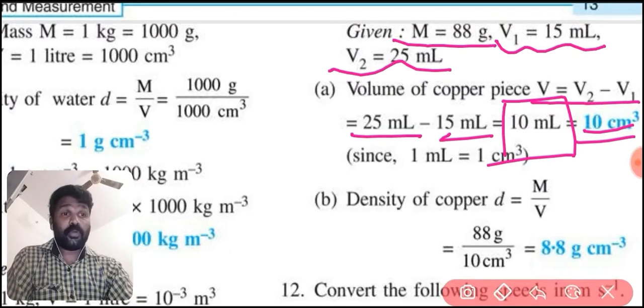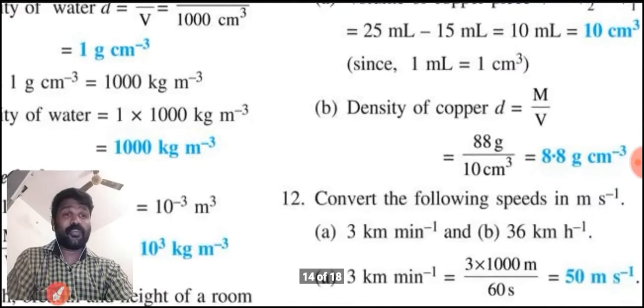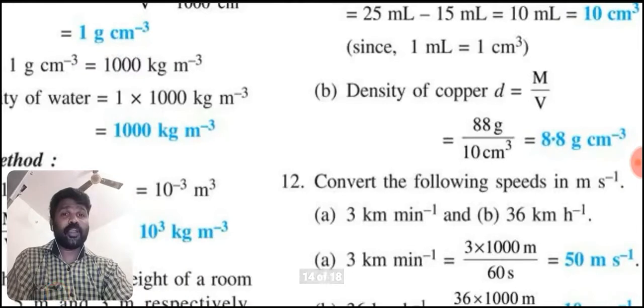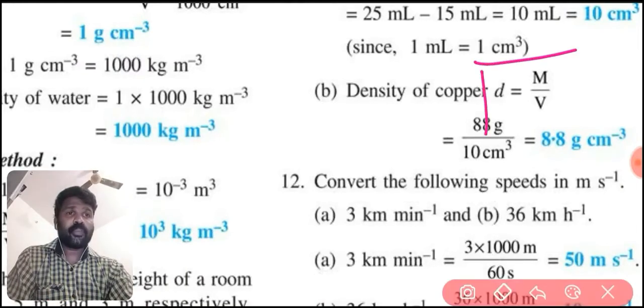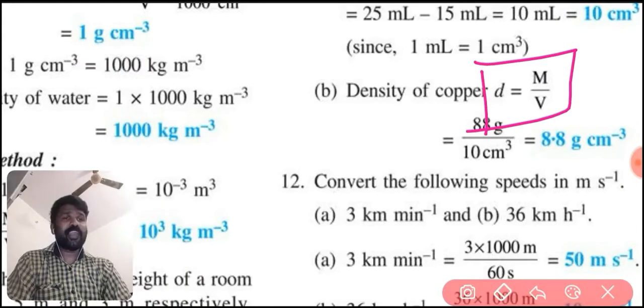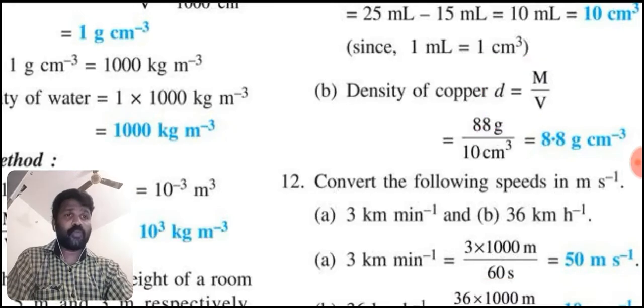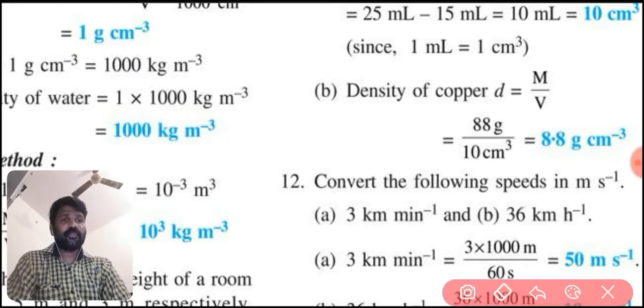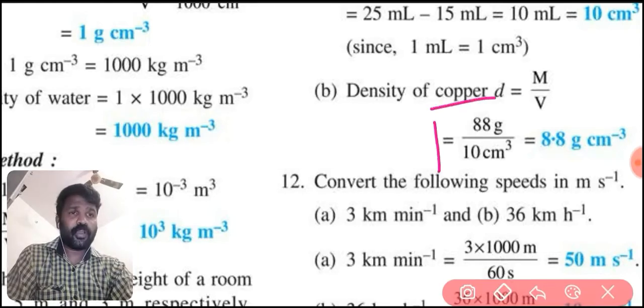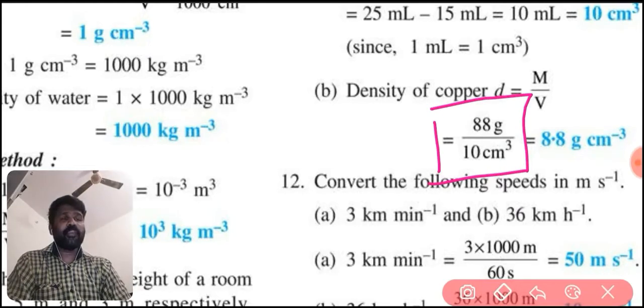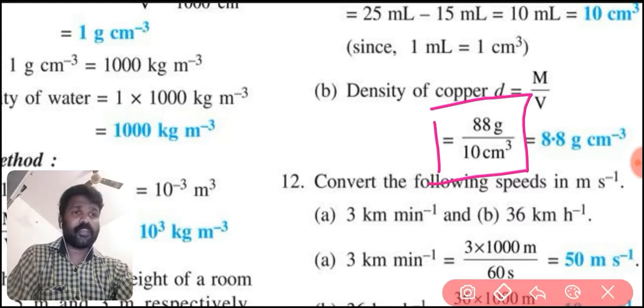Now we can find the density of copper by using our familiar relation D is equal to M upon V. We know M is 88 gram and V is 10 centimeter cube. So please do the calculation, M upon V, 88 gram upon 10 centimeter cube, that will give the final answer, 8.8 gram per centimeter cube.